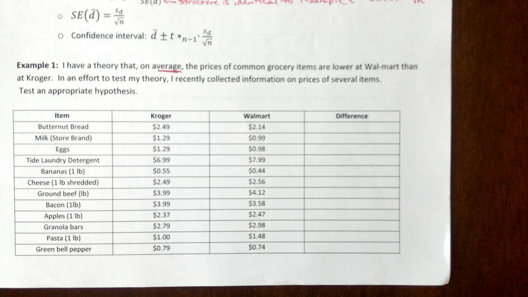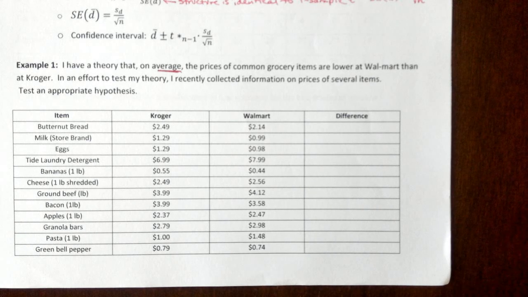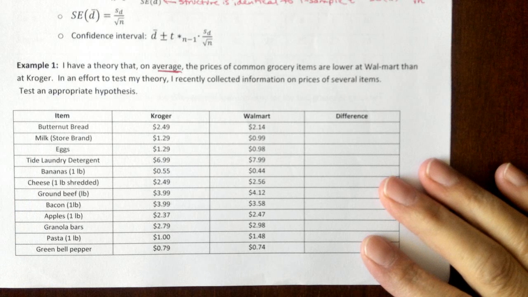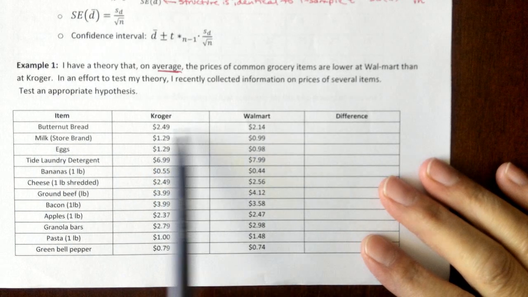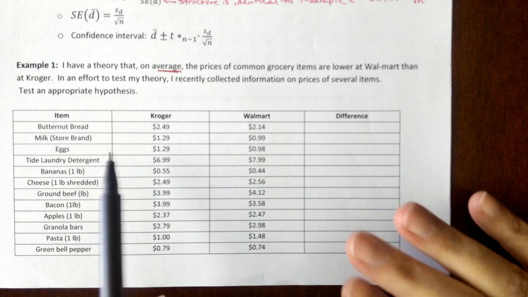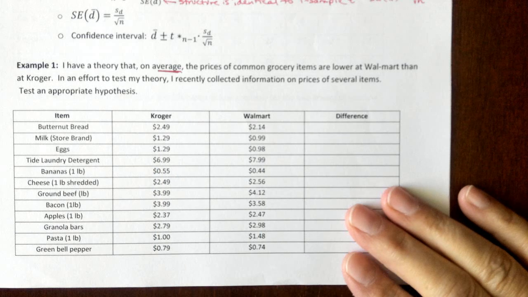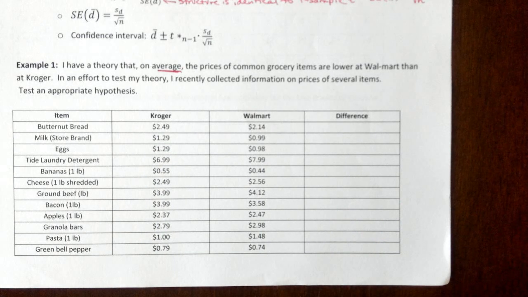Test an appropriate hypothesis. Okay, so before we actually write our hypotheses, I'm going to note that this is a paired test because the price of butternut bread should have some relationship, there should be some connection between how much Kroger charges and how much Walmart charges, because it's made by the same company, they're probably getting their bread from the same source.